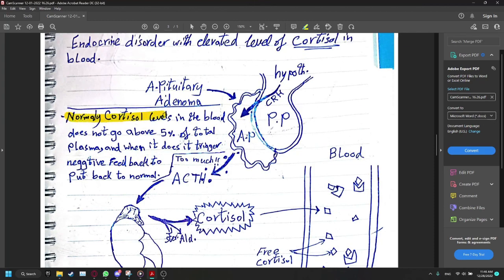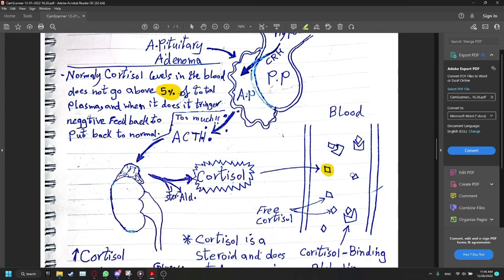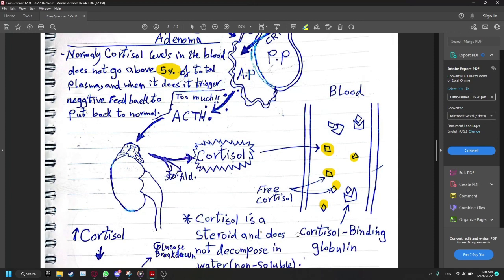Normally, free cortisol in the blood does not go above 5% of the total plasma. This free cortisol is the one that isn't bound to cortisol binding globulin.